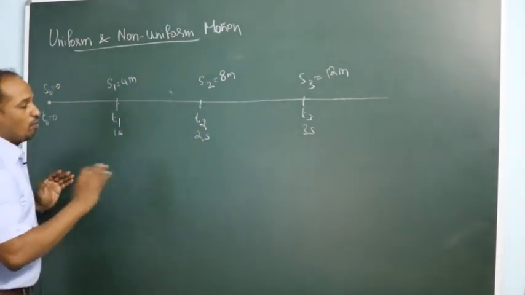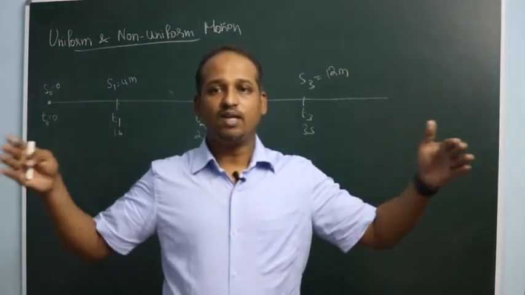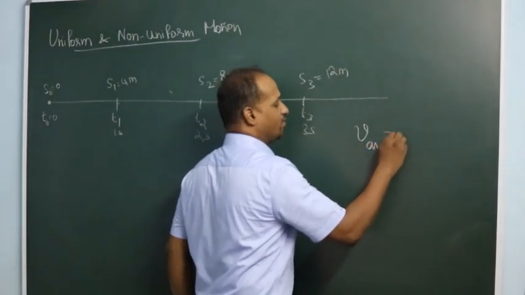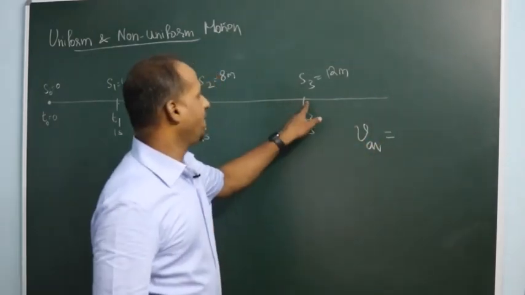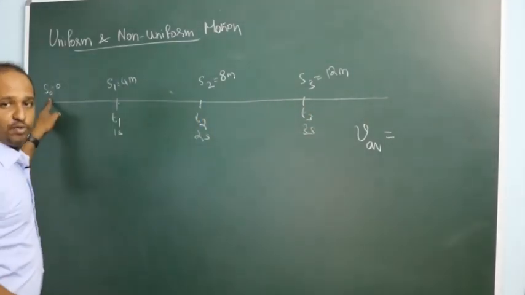Let's find out what is the average velocity. Average velocity is the total displacement by total time taken. So V average is equal to total displacement. What is the final position of the object? 12 meters. What is the initial position of the object from you? 0 meter.